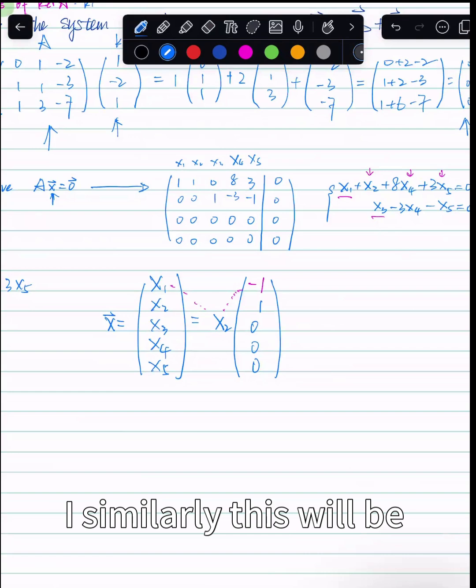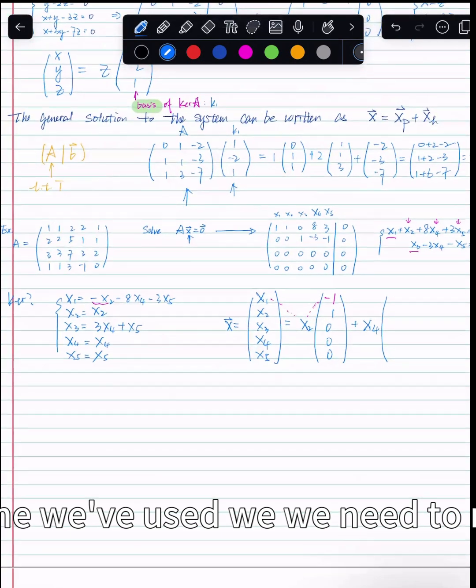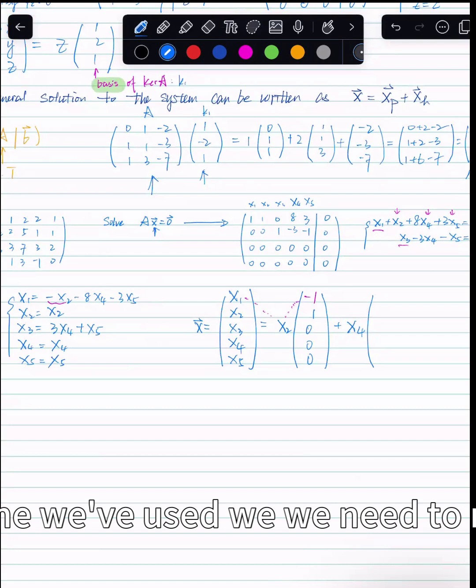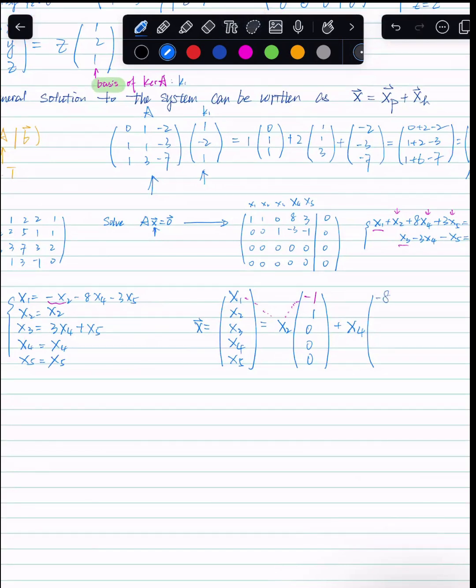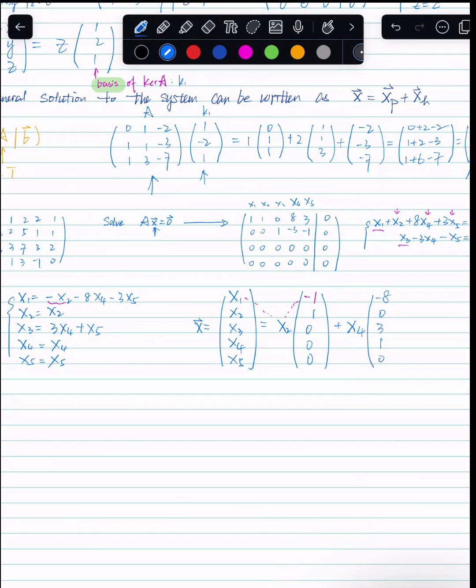Similarly, this will be plus x4 multiplied by a vector. For x1 we need to multiply a negative 8 on x4. For x2 we do not need x4, for x3 we need a 3, for x4 we need 1, and for x5 we need nothing.